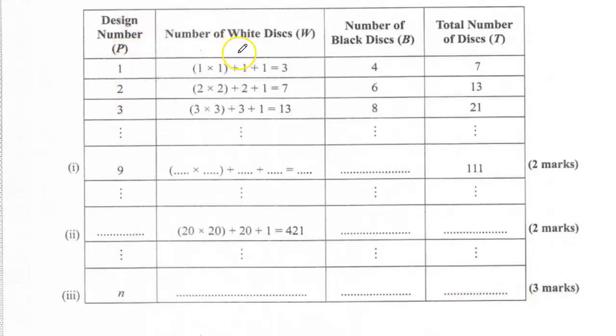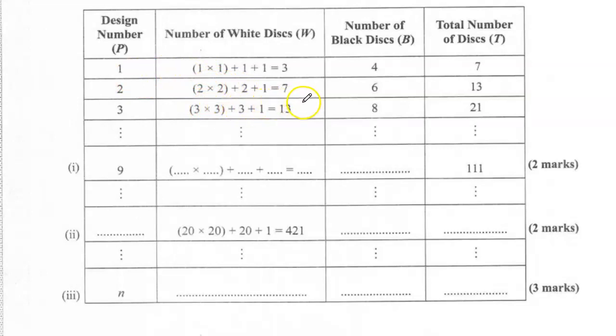Notice the number of white disks: 1 times 1 plus 1 plus 1 is 3. Here is 2 times 2. So it seems like this is the design number squared, plus the design number, plus 1.